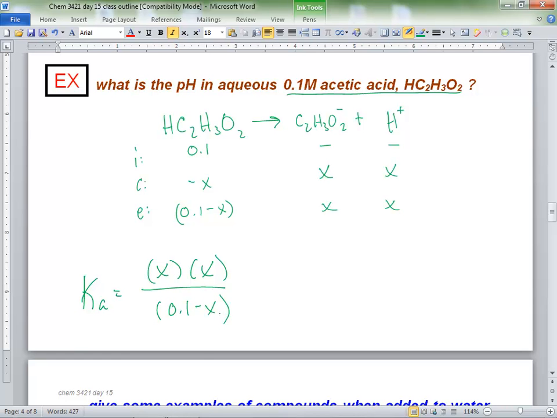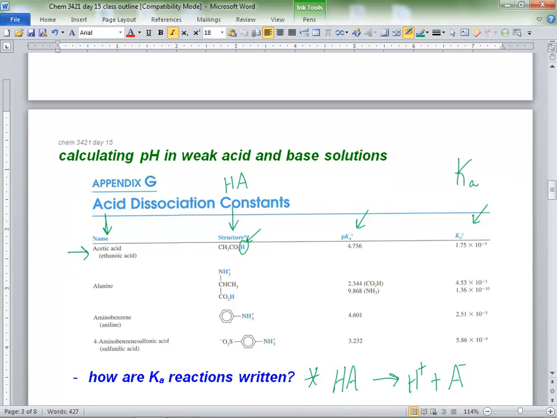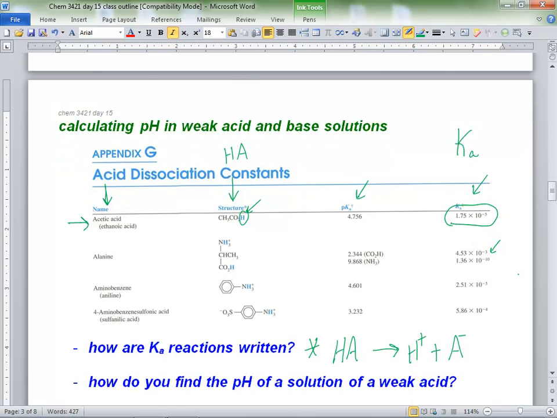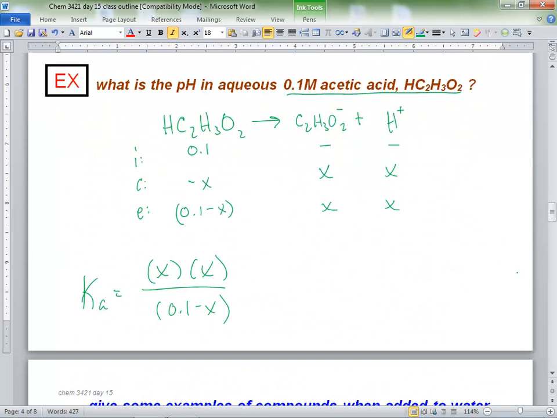And let's see what that number was. Oh, nice. At least it's not 10 to the negative 3 or something. Oh, look at this one. You don't want to be doing that one. Can you read it? That is a 10 to the negative 3. That'd be a full quadratic. Ugh. 1.75 times 10 to the negative 5.